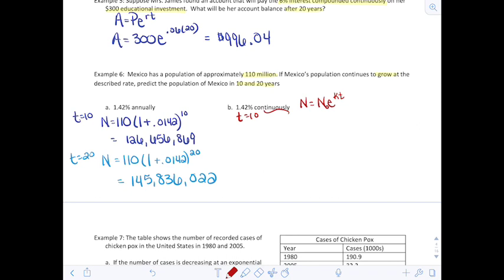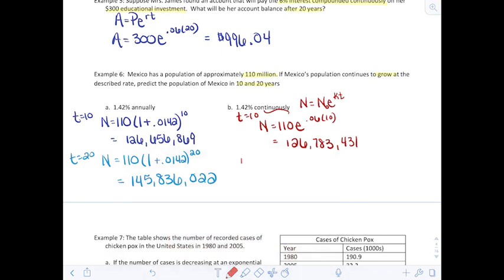So for 10, we would have the resulting amount equals 110 e to the 0.06 times 10 power, and our population after 10 years would be 126,783,431.